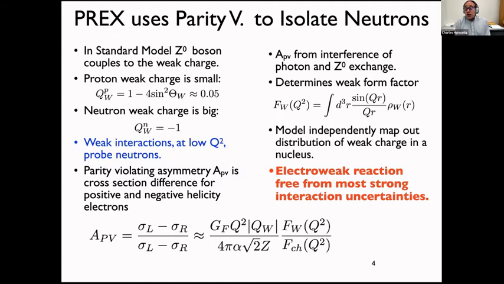So FW is the Fourier transform of the weak charge density, which is essentially the neutron density. So we have a model independent way, in principle, to map out the weak charge density of heavy nucleus. And the important point is this electroweak reaction is free from most strong interaction uncertainties. So the theoretical interpretation of the experiment is very clean.